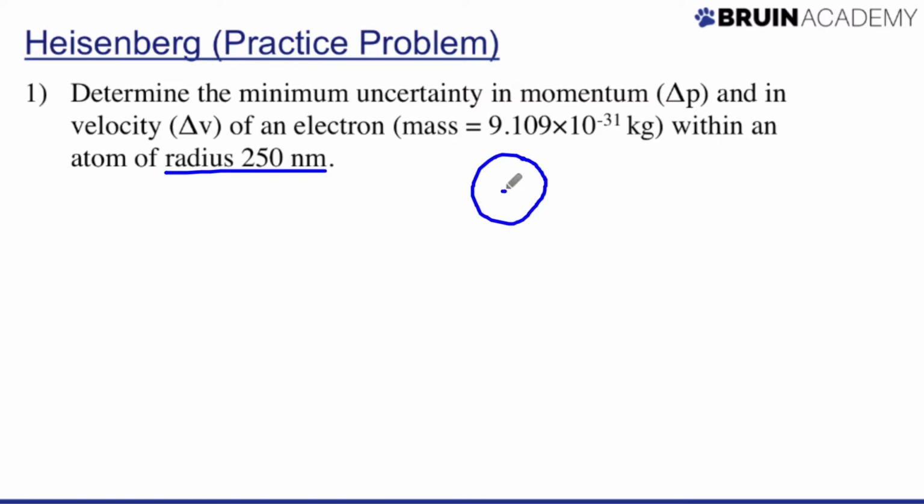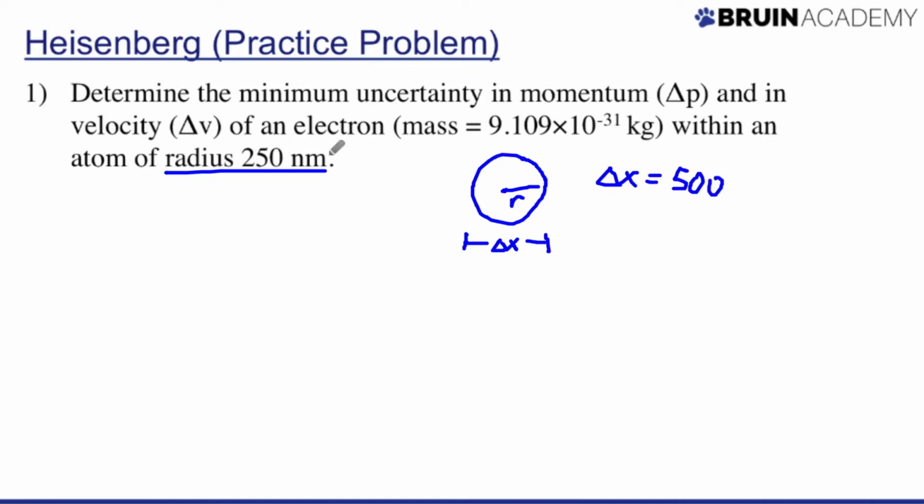So here's your radius of an atom. The electron can actually be anywhere within this cloud. And so the uncertainty in position is not represented by r, but rather the diameter. So the diameter of the atom represents delta x. So what do you have to do to r? You just double it. So the radius is 250, so delta x is twice that, or 500.